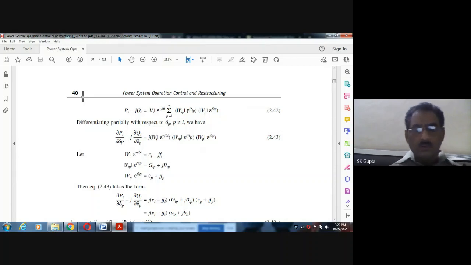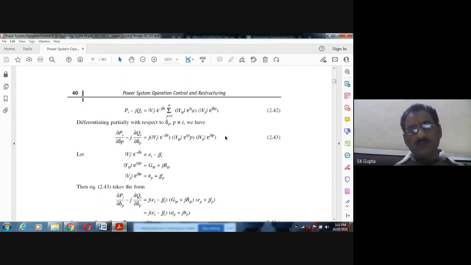Now what we have to do? इसमें करना क्या है? एक तो this we have to calculate del Pi by del delta p and del Pi by del delta i. Similarly with Q also. So first of all, we have to do partial differentiation of this equation with respect to delta p.